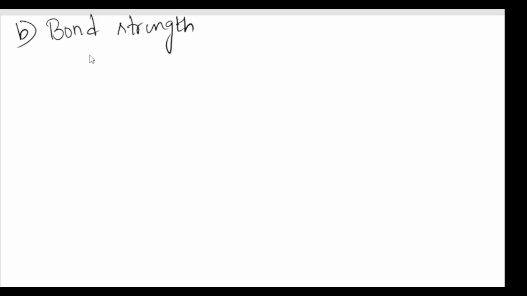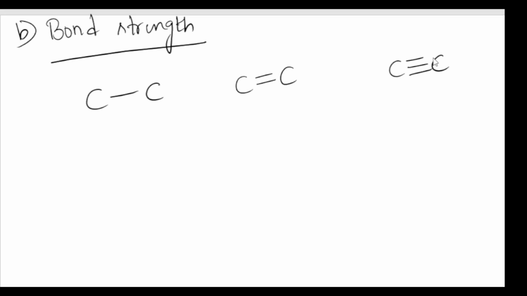Bond strength: we all know that if a carbon carbon single bond is lengthier compared to a carbon carbon double bond, it will be easy to break. If we compare with the carbon carbon triple bond, which is much shorter, it is very difficult to break.